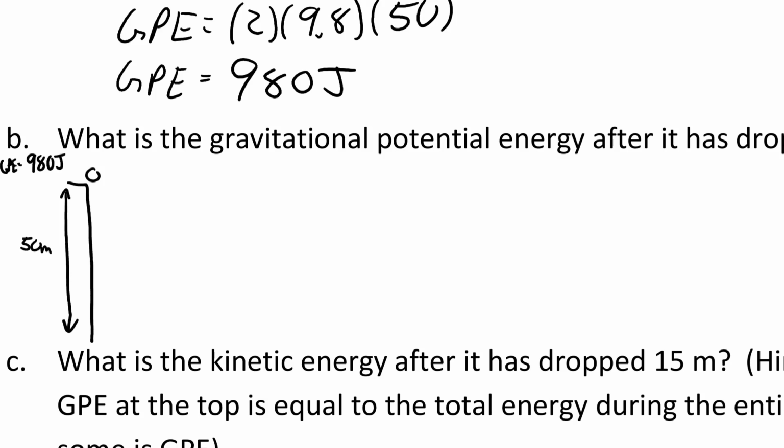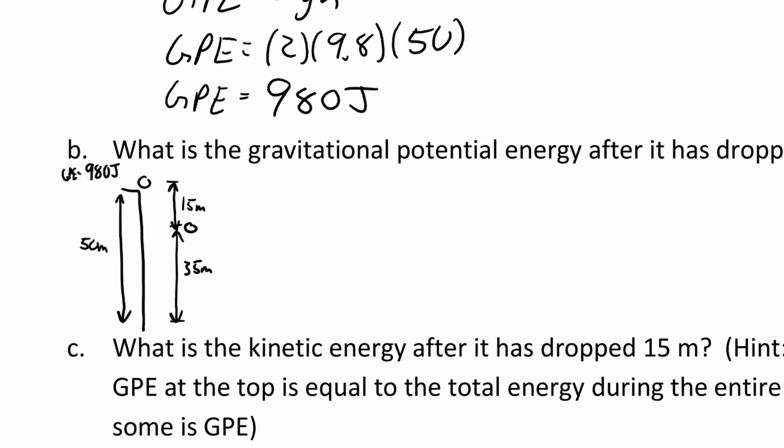But then it falls 15 meters. It's still a certain height above the ground. How high is it above the ground now? You have to do 50 minus 15, and you get 35 meters. That's how high the rock is above the ground.